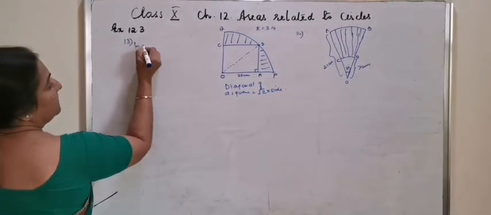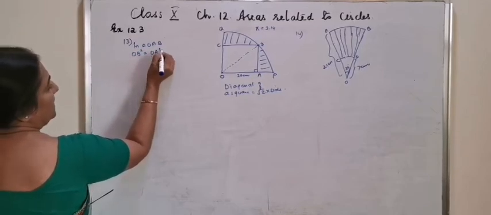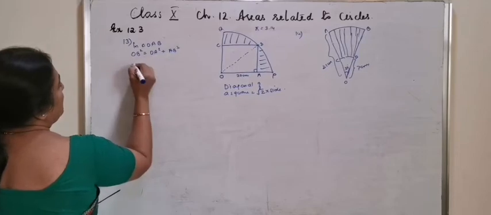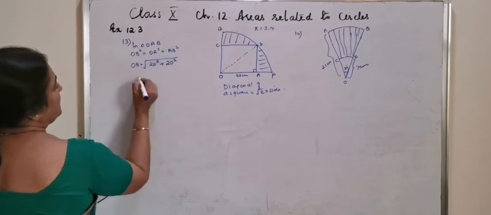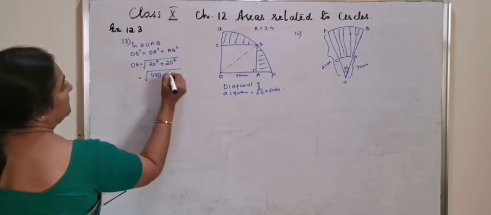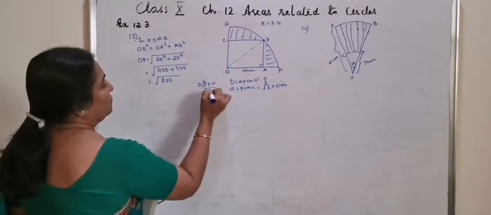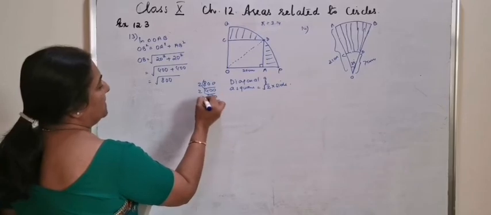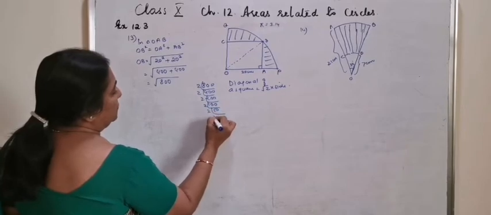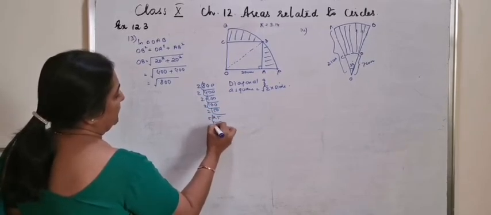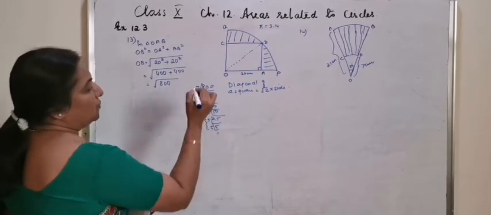So in triangle OAB, OB square is equal to OA square plus AB square, or OB is equal to square root of 20 square plus 20 square, root 400 plus 400, which is equal to square root 800. 800 by 2, 400 by 2, 200 by 2, 50 by 2, 25 by 5, 5, or 5 2s are 10, 10 into 2, 20 root 2.